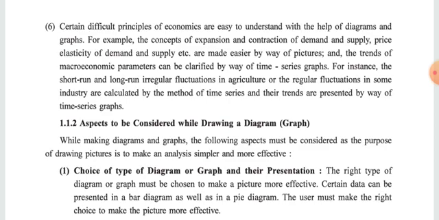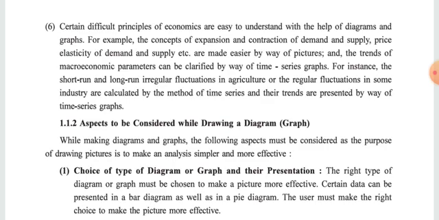For instance, the short run and long run irregular fluctuations in agriculture or the regular fluctuations in some industry are calculated by the method of time series, and their trends are presented by way of time series graphs.